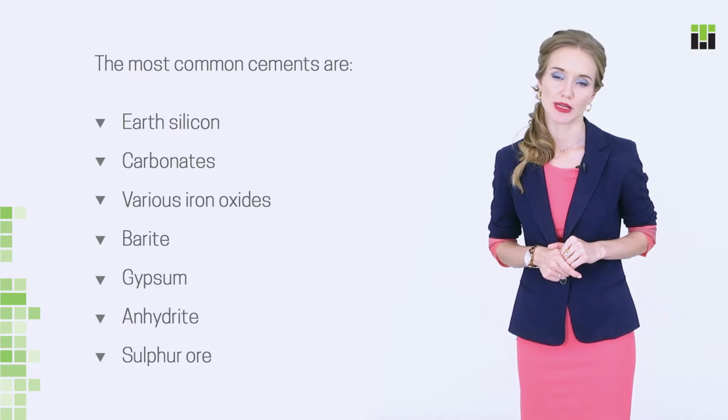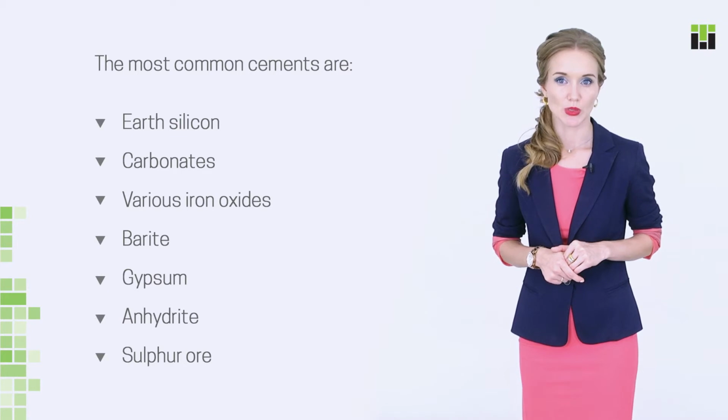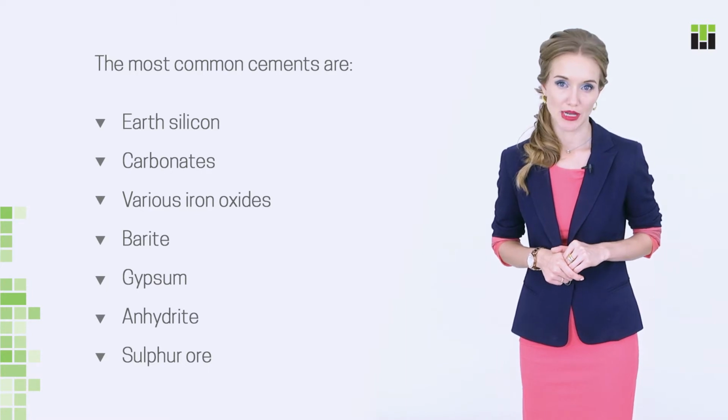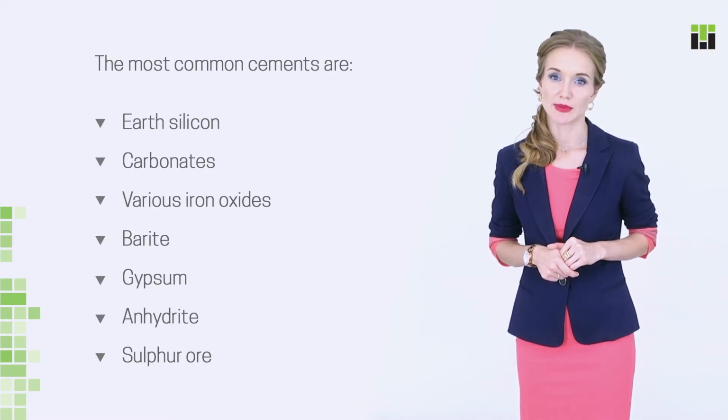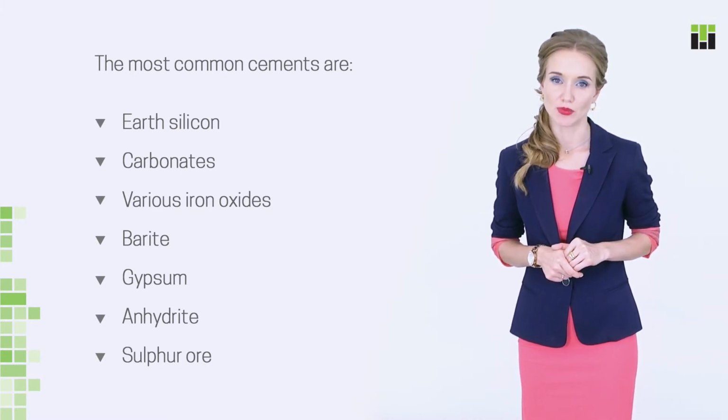Why is it so important for us to know the cement type? Imagine we develop an oil field and decide to use acid treatment to stimulate oil production. If we know the cement type, we can select the right acid, which will be the most efficient for this rock.